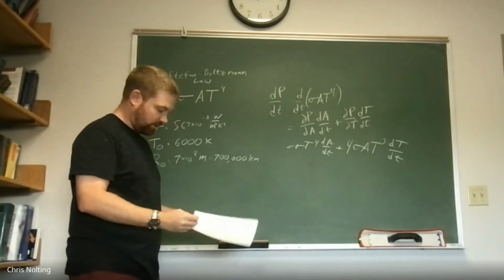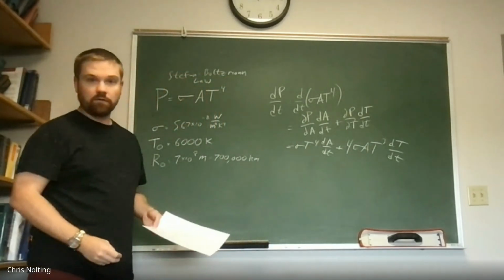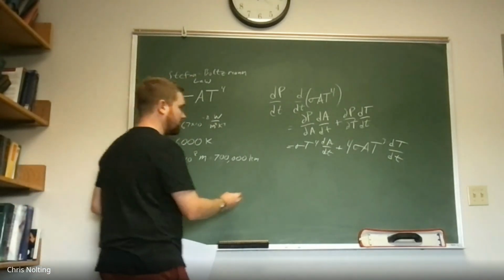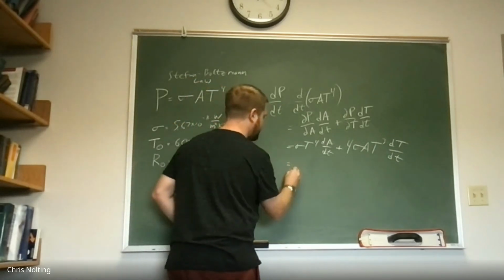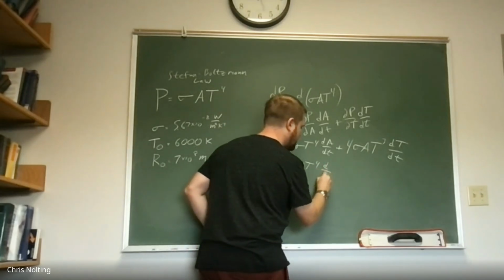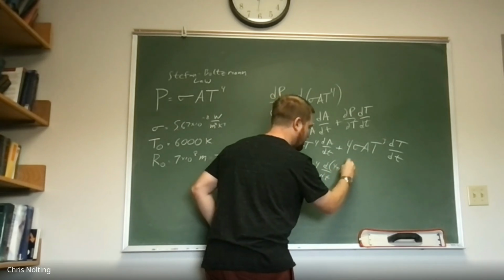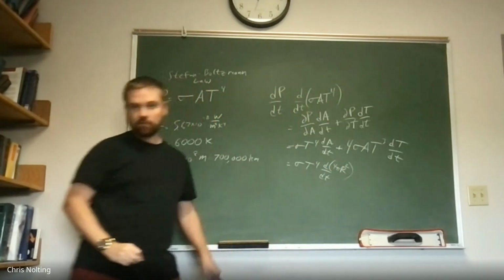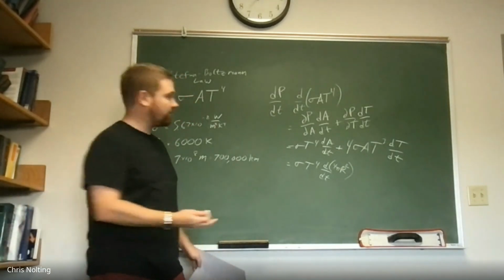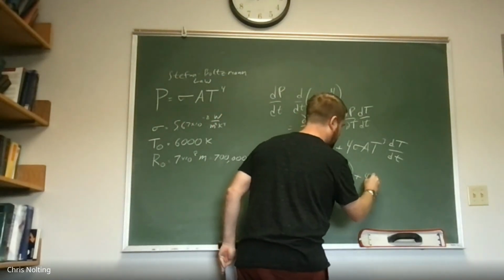We could also try to figure out the area. We're talking about the surface area of the sphere, so we might also want to think about sigma T to the fourth times d/dt of 4 pi r squared, because that's the surface area of our sphere.